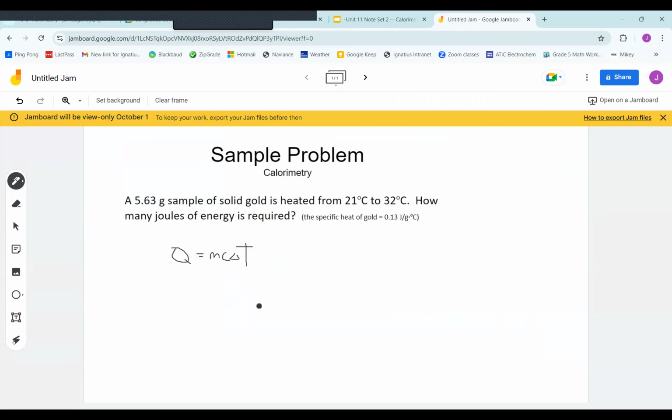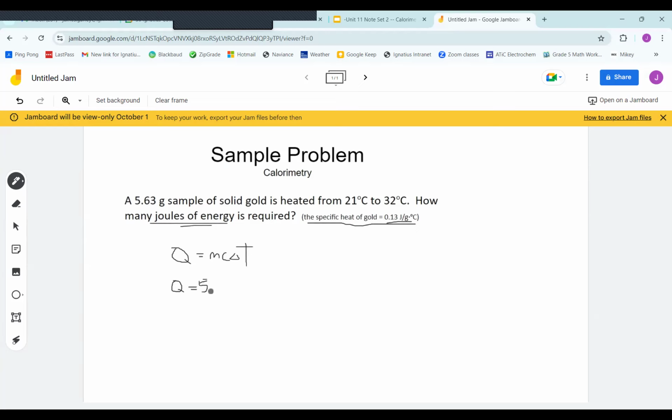How many joules of energy is required? Notice they give us the specific heat capacity of gold, 0.13 joules per grams times degree Celsius. We want to solve for Q because the question says how many joules of energy is required. They give us the mass, 5.63.